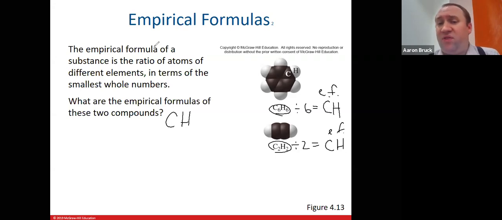There are lots of things that are different among them in terms of their bonding and their properties. All that the empirical formula does is say that they do have something in common. If we break it down to the purely atomic level, there are the same number of carbons and hydrogens in both, at least in terms of their ratio to one another.